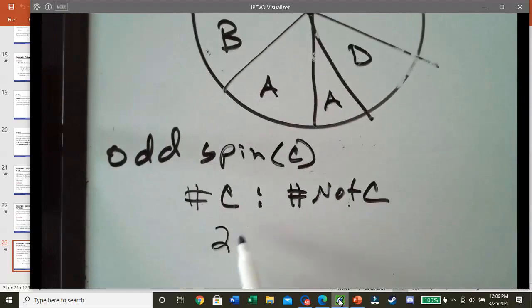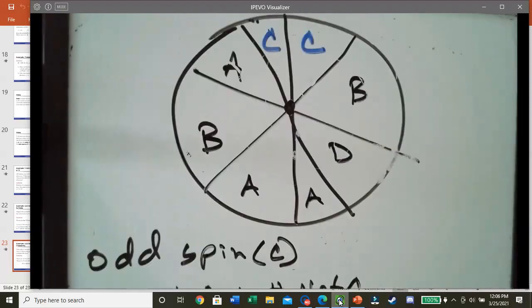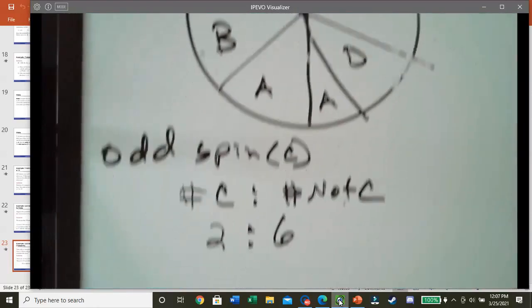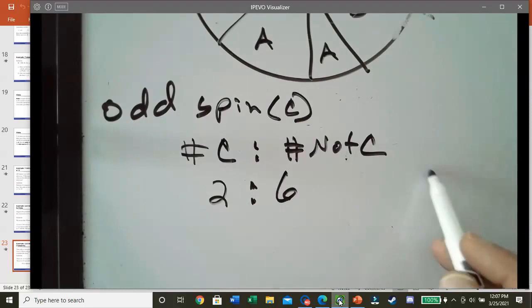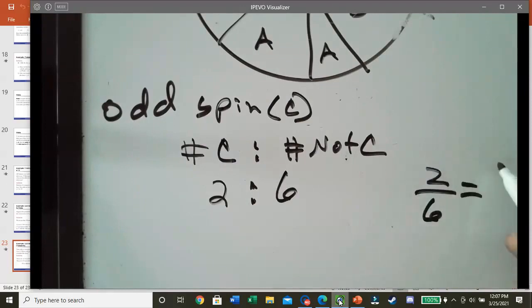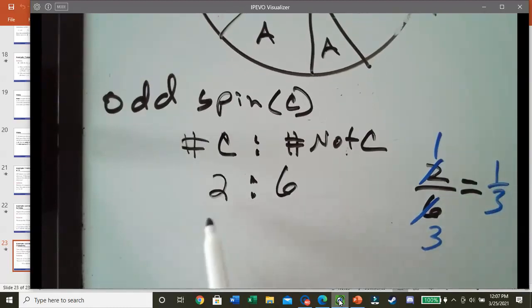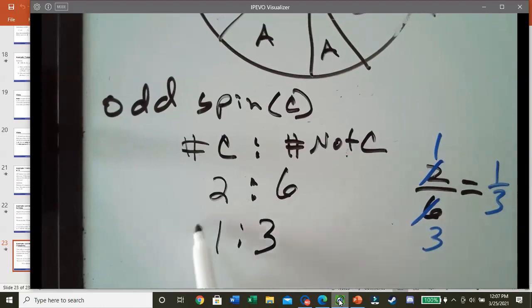So we put 2 here. Basically that's 8 minus 2, or 6. If we look at it as a fraction, we could simplify that: 2 goes into 6 three times, and 2 goes into itself once. So we simplify to 1 to 3. The odds in favor of spinning and landing on C is 1 to 3.